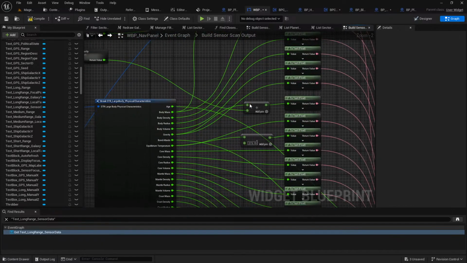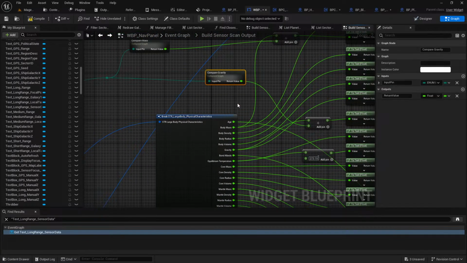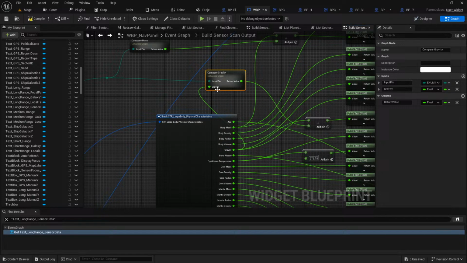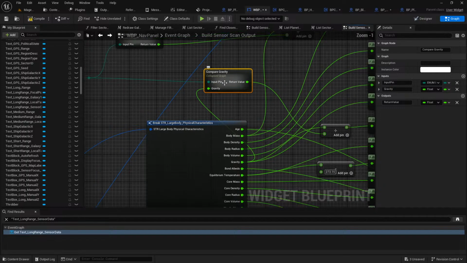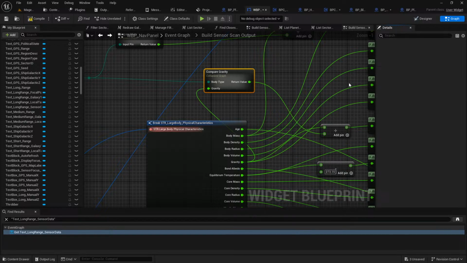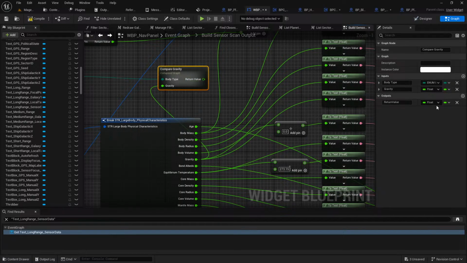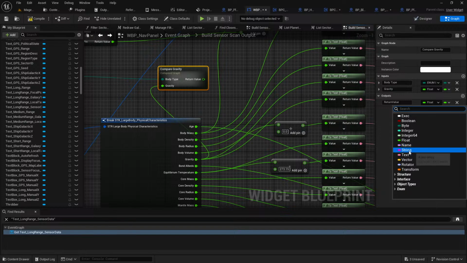Yeah, so really we need to capture the gravity in addition to the type. And then we need to output a string. There we go, text.